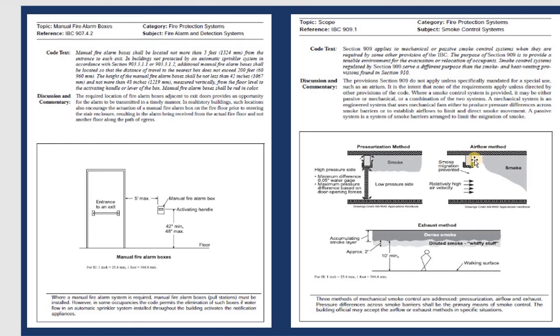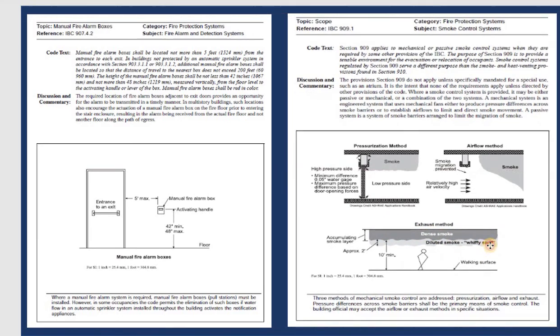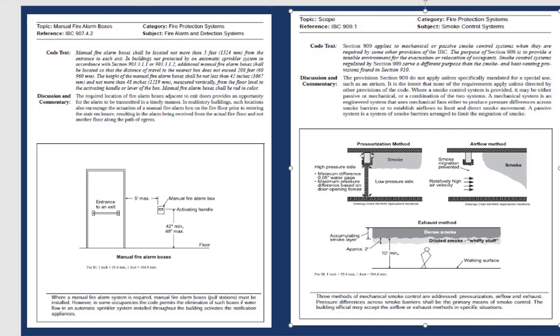The other uses airflow methods to prevent smoke migration, using high air velocity to narrow the smoke down into one corner. They also have the method they call the exotics, where they dilute the smoke and keep it dense at the top of the ceiling, so people can work under that.